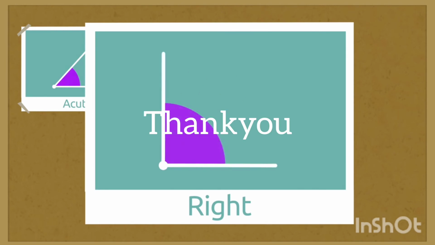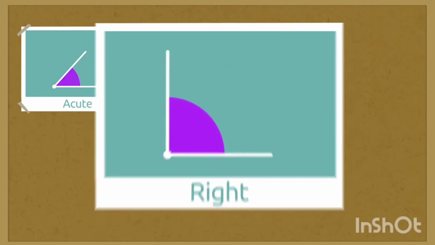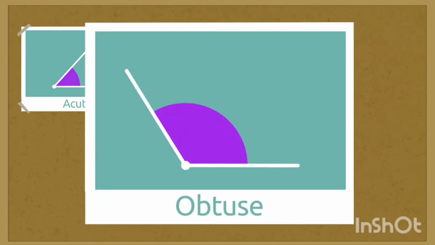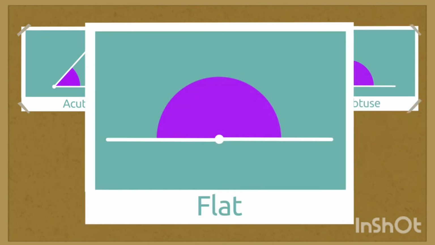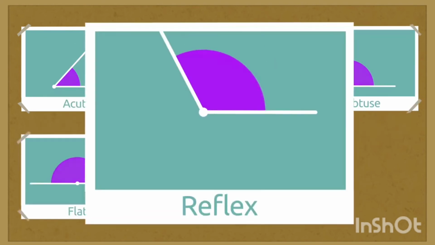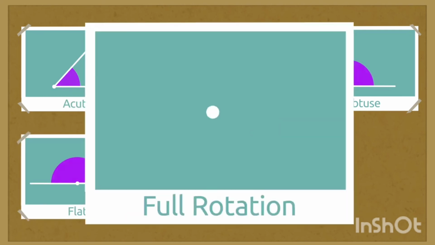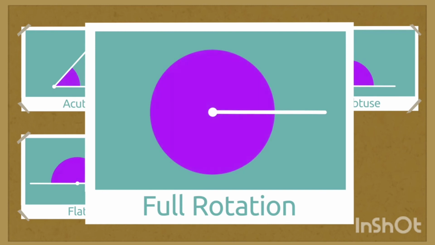Right. They measure exactly 90 degrees. Obtuse. They measure between 90 and 180 degrees. Flat. They measure exactly 180 degrees. Reflex. They measure more than 180 degrees. Full rotation. They measure 360 degrees.